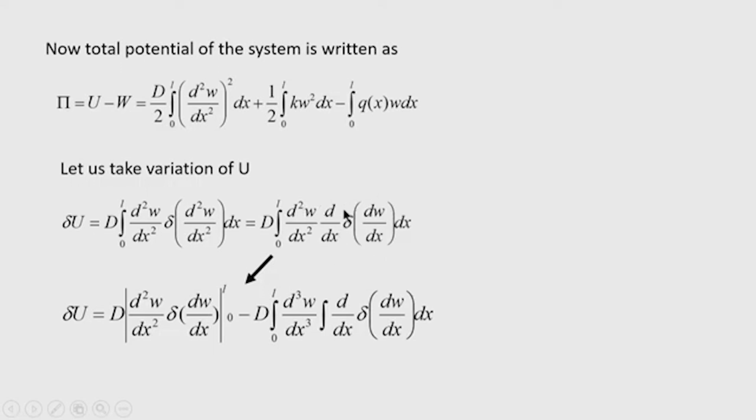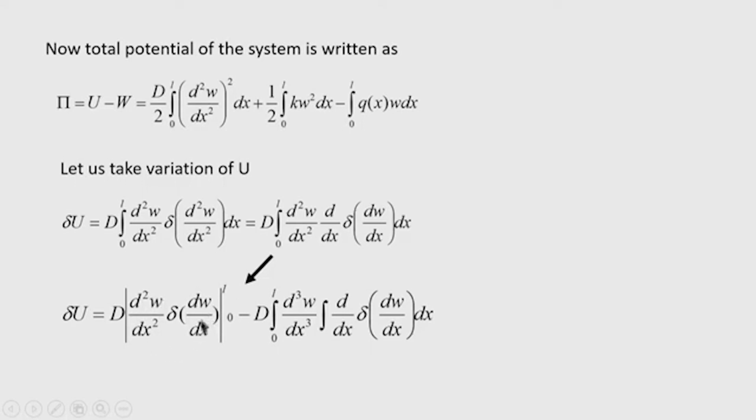After writing this, the integration process has been started. So, the first integration yields this result, that is, if I follow the integration of products rule, then the first function into the integration of the second function. So, the integration of the second function is del dw by dx, and then I put the limit 0 to L.